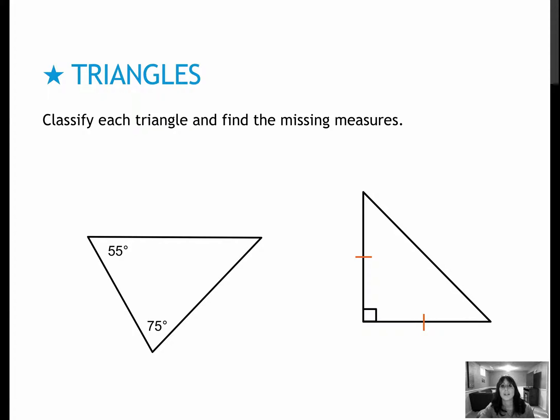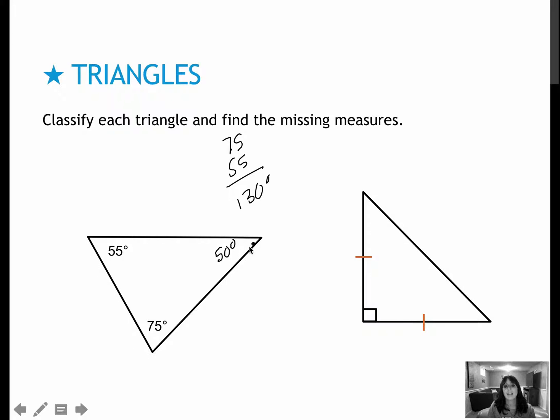So a couple of practice for you. What I'd like you to do is find the missing measures of the triangles and also to classify each by their sides and angles. So for my first, note that I've got a 55 and a 75. So I have to add those together, 55 and 75, which would be 130. So I know that this is then 50 degrees because 180 minus 130 is 50.